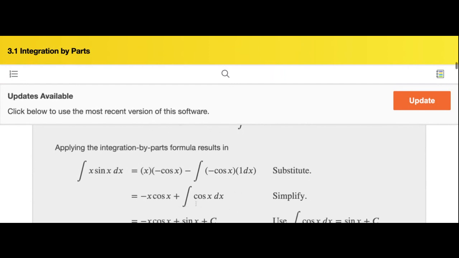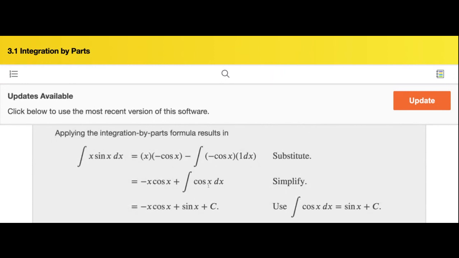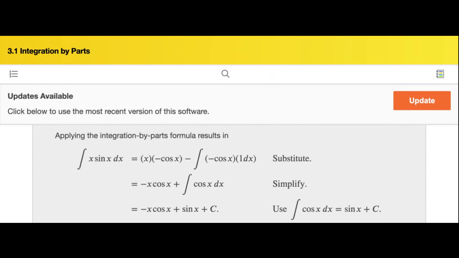We simplify: the anti-derivative of cosine x is just sine x. So in the end, we get negative x cosine x plus sine x plus c. All right.